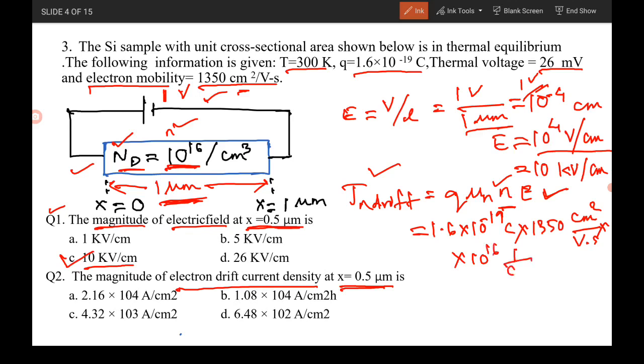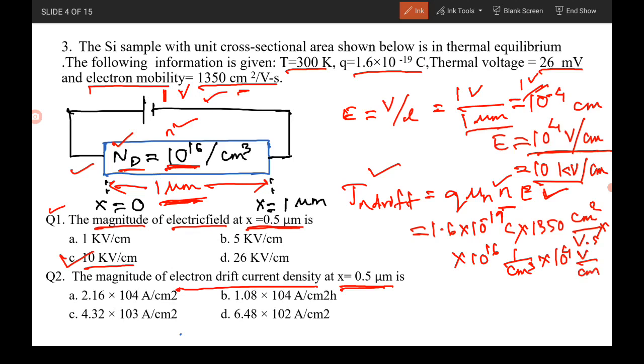Here we have to calculate the units properly. Cross, what is E here? E is the electric field which we calculated as 10 kilovolts per cm. So we will write in volt terms, that is 10 to the power 4 volts per cm.